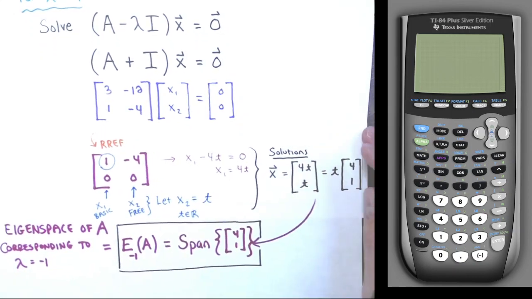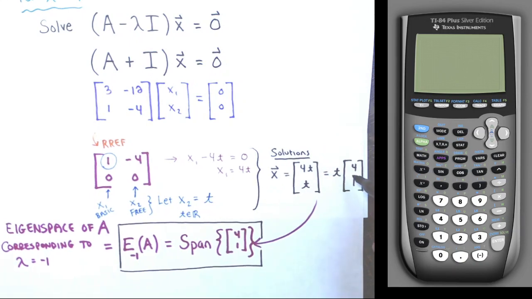Or again, you could write out the little scalar multiples such that t is a real number. So remember, this has all the eigenvectors of A corresponding to -1. Also, it has the 0 vector. It is a vector space, and it is also a subspace of R2.